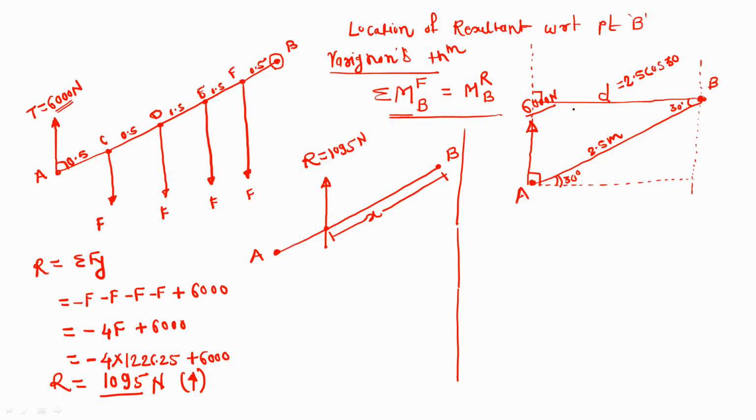So now we will write the moment equation. First we have to write down the left part of this Varignon's equation. This is equal to the summation of moment by all the forces about the point B. First we have considered 6000 Newton and we are taking the moment about the point B. So this is 6000, that is the force value, into its perpendicular distance, 2.5 cos 30.